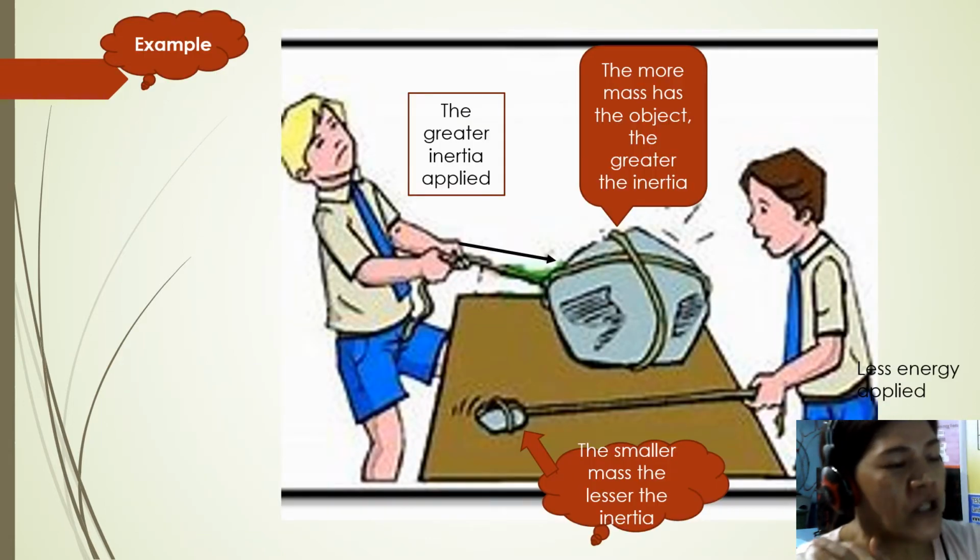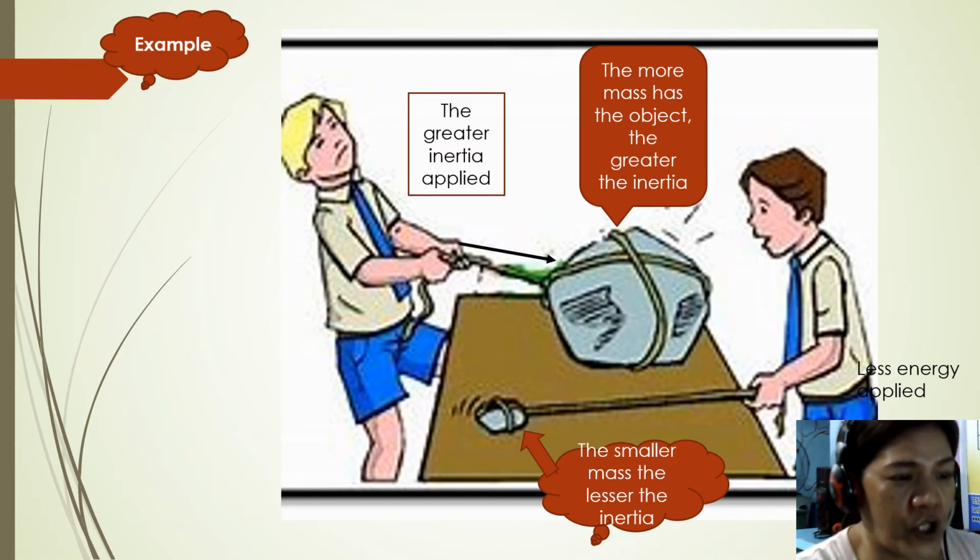Now, try to look at this picture. So as you can see, the more mass the object has, the greater the inertia. The smaller the mass, the lesser the inertia.